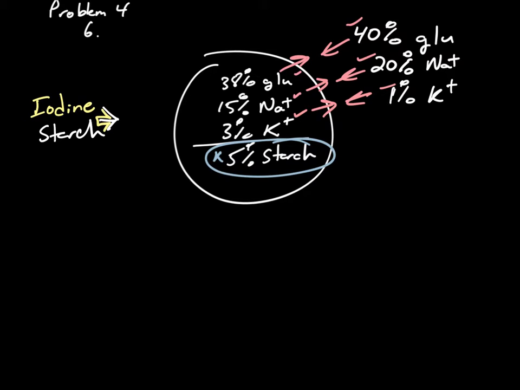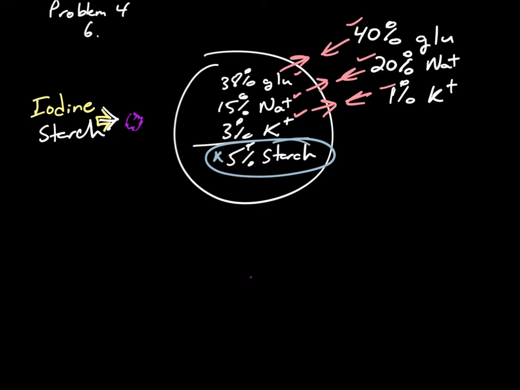So I'll go with something that looks like that. Kind of a purplish black, okay? And that purplish black is when you mix them together, all right? So anytime you add starch, it's actually much darker than that. I should add a little black to it. I can't really mix them very well, but it's a purplish black.